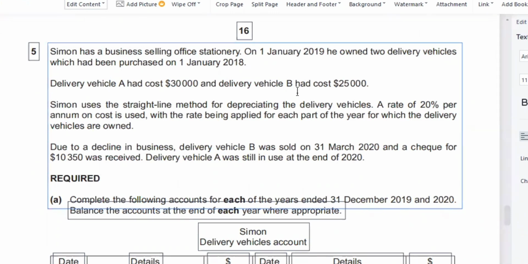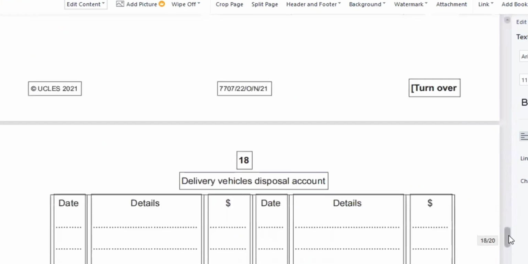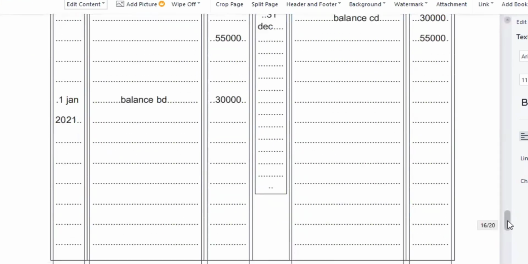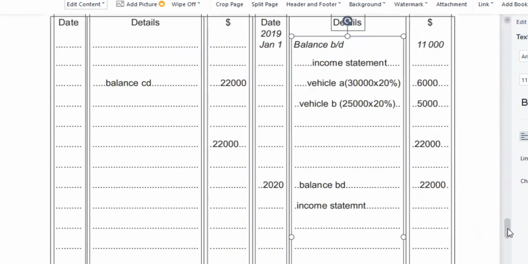So 3-month depreciation would be charged on vehicle B. So it will be vehicle A, 30,000 multiplied by 20%, that was 6,000.